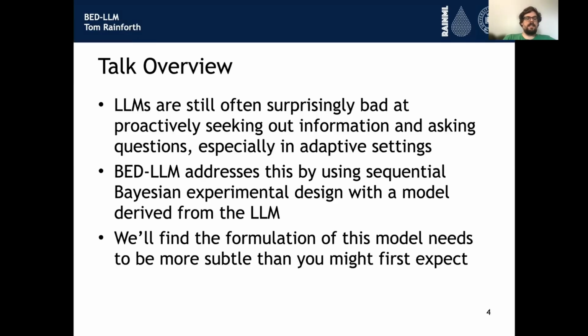And what we're going to find is that this gives us much better ways of asking questions and gathering information in these LLMs, but it is going to require quite a few nuances in how we set things up. Working in this LLM environment takes us quite outside our comfort zone of normal Bayesian models, and there are lots of things we end up having to do to make things work.